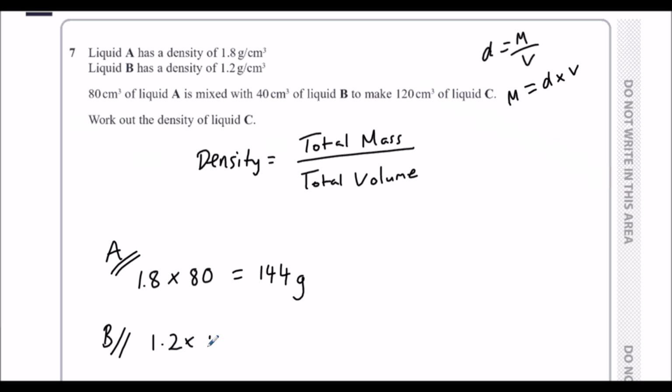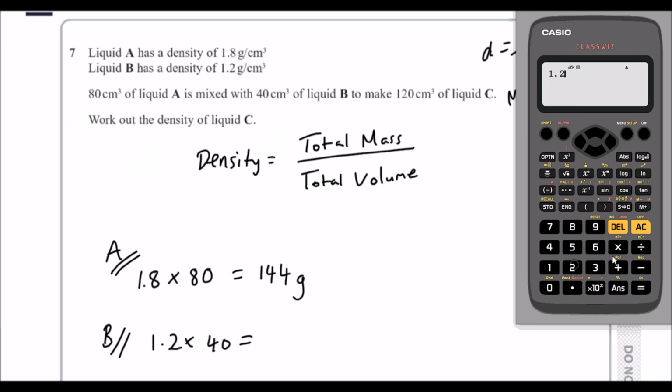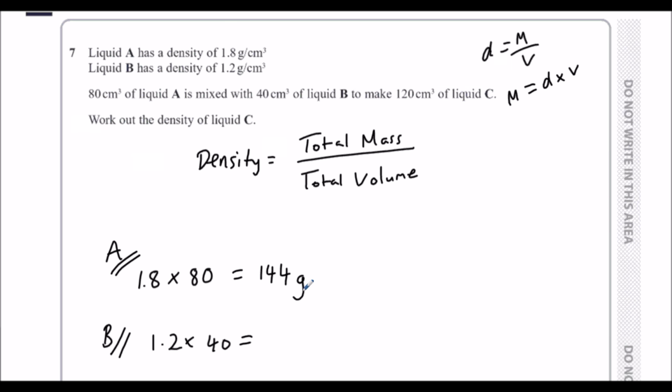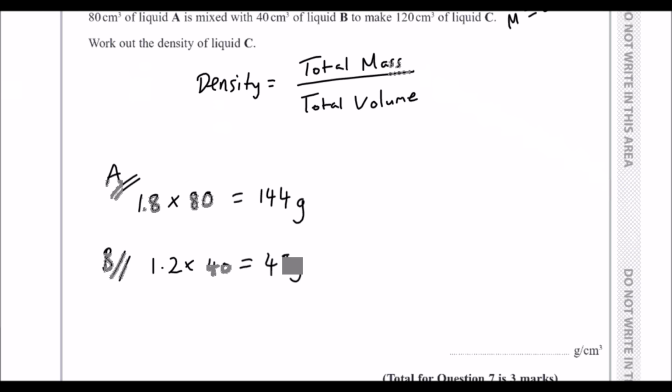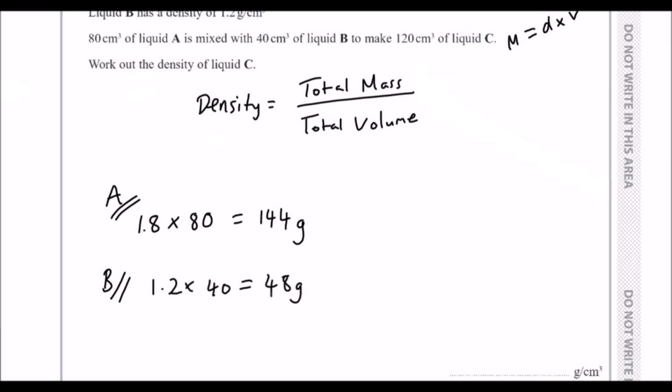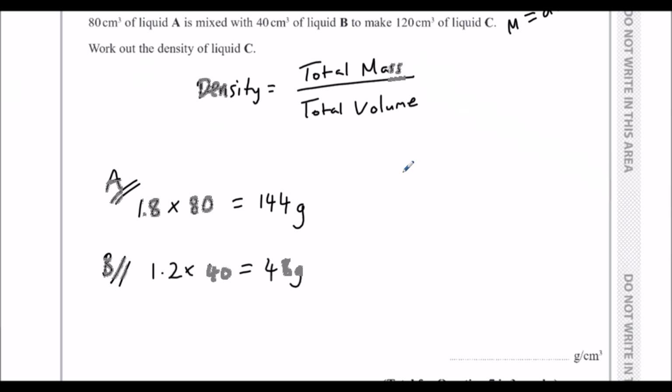Volume is 40. So it's got a mass of 1.2 times 40, which is 48 grams. So the density of C will be the total mass divided by the total volume. So the total mass is 144 plus 48.